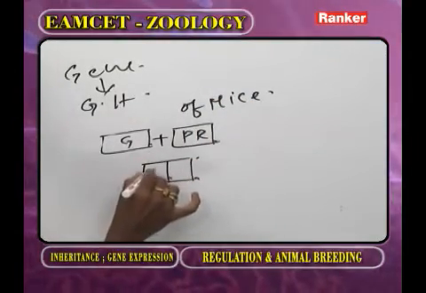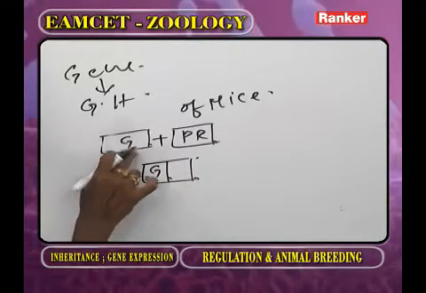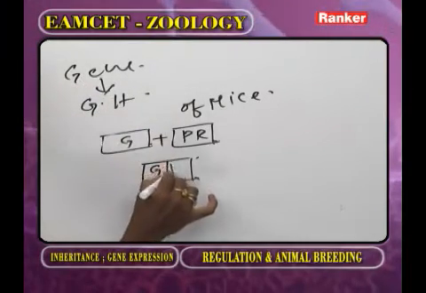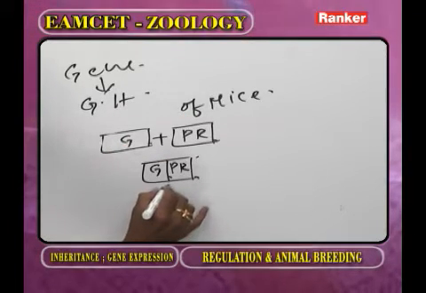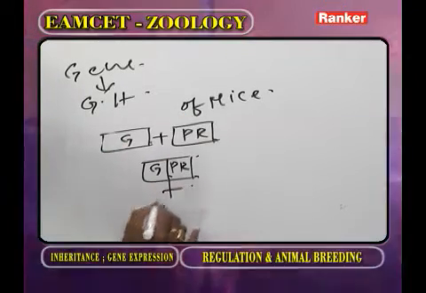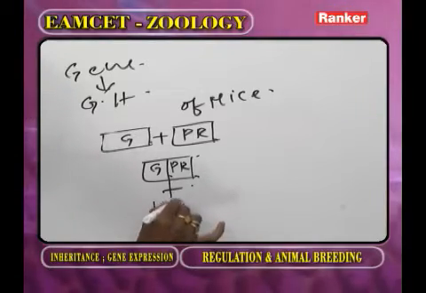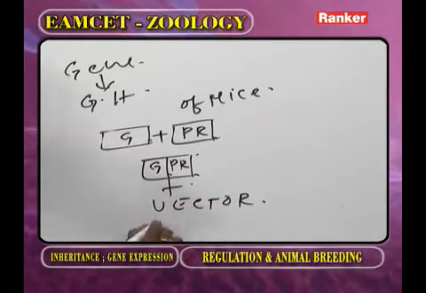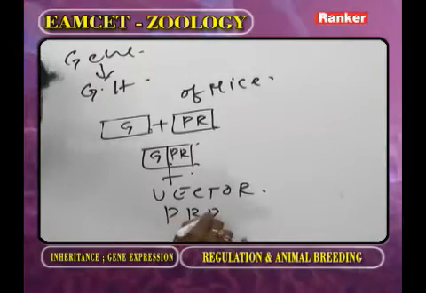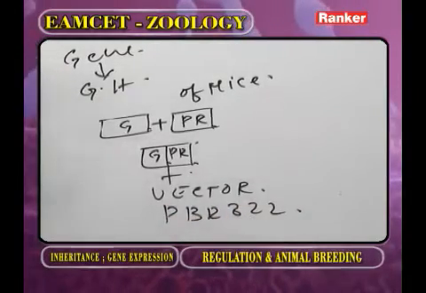As we observe, this is the gene responsible for the growth hormone. This is the promoter region derived from the mice. Now, it is attached to a vector. Vector means carrier. Here, what is the popular vector? pBR322.